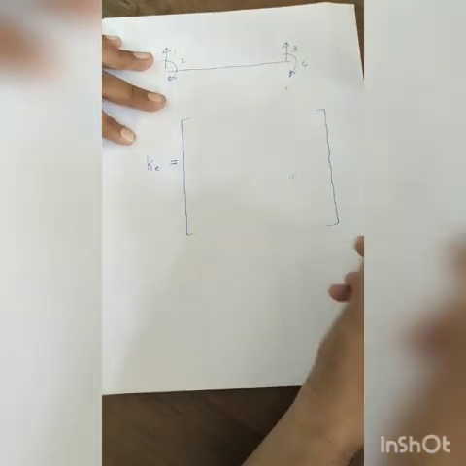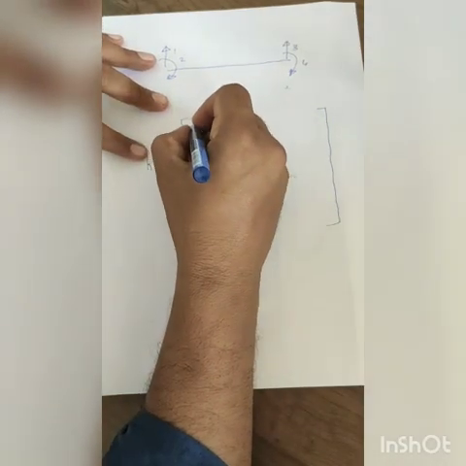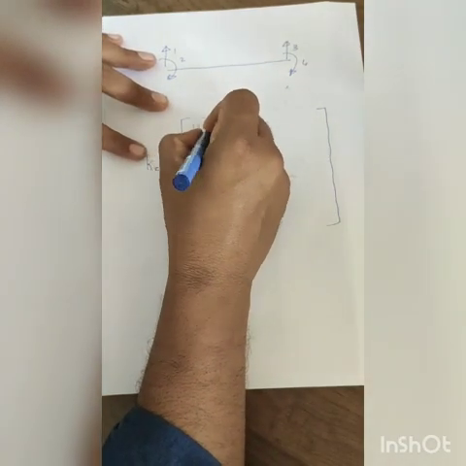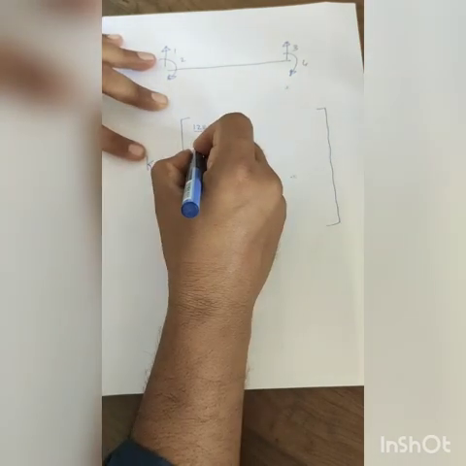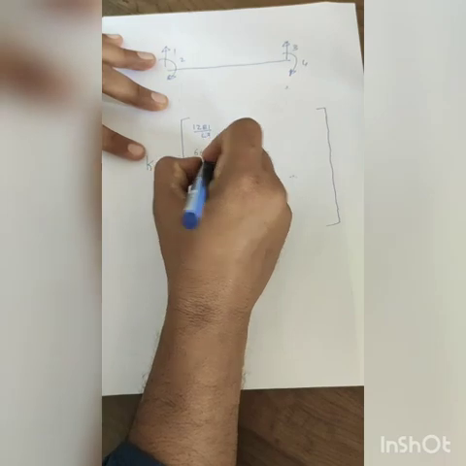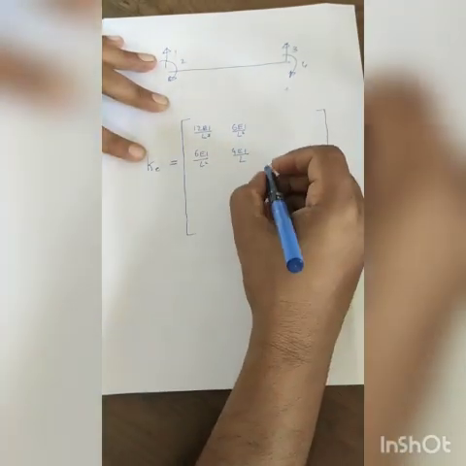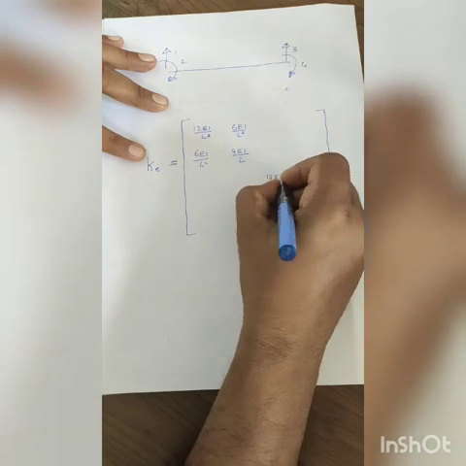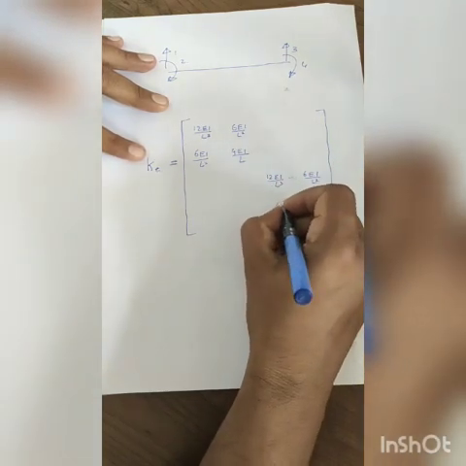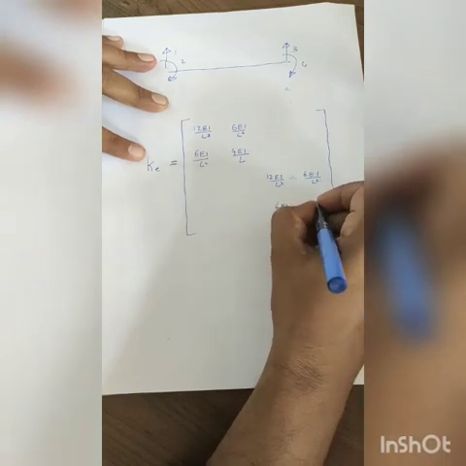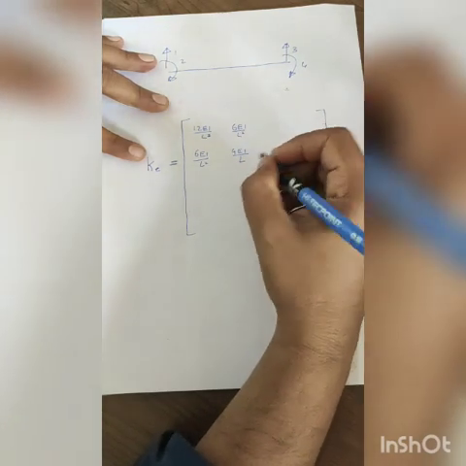So this is my 4 by 4 matrix. First you have to write 12EI by L cube, 6EI by L square, 6EI by L square, and here 4EI by L. Then the same thing you copy here: 12EI by L cube, 6EI by L square, 6EI by L square, and 4EI by L. Now we have to fill these off diagonal matrices.